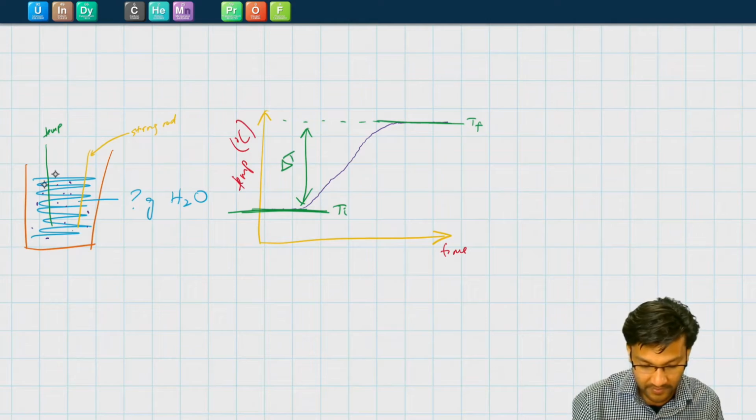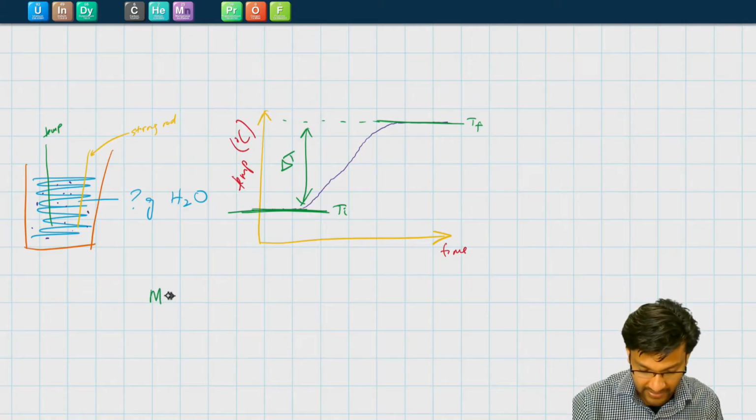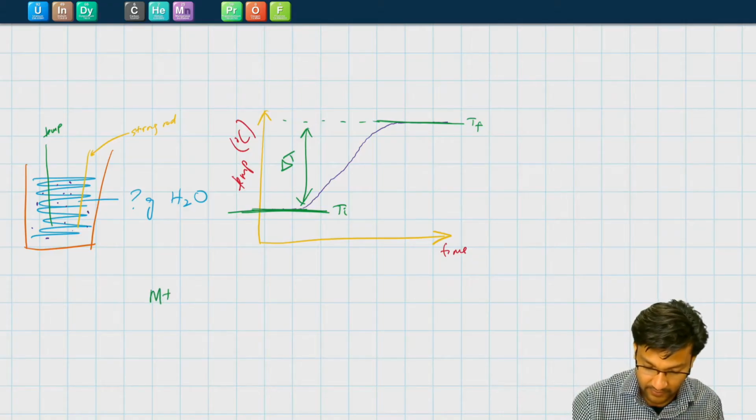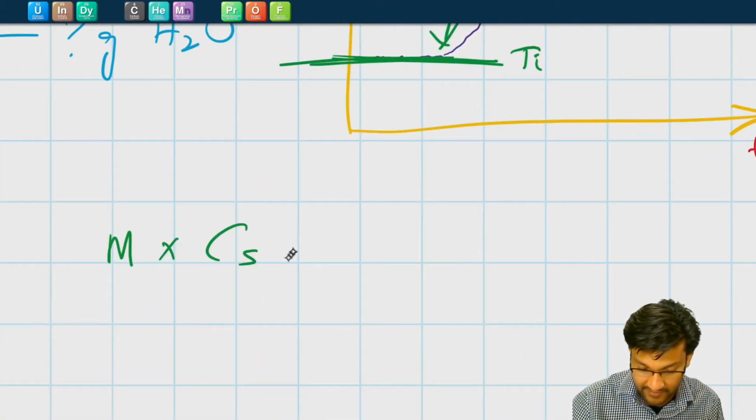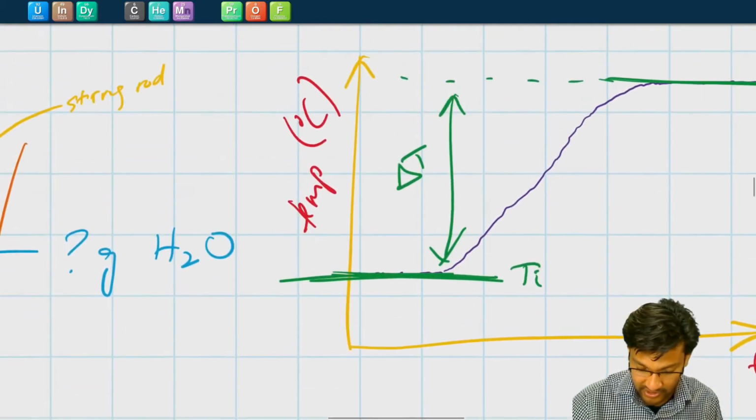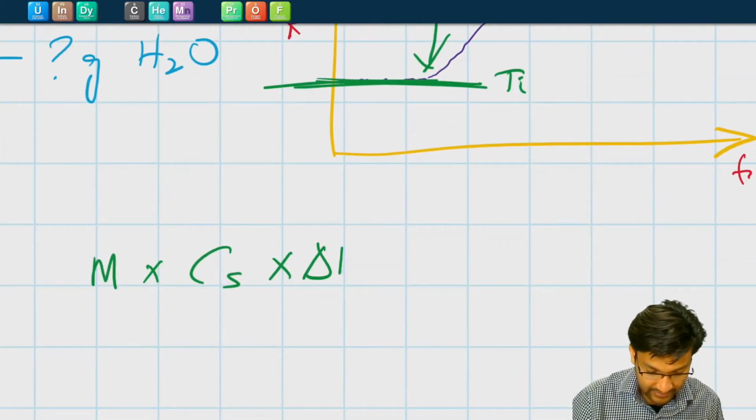So this is basically our setup for this lab. We're going to dissolve something. We're going to take the temperature increase. We know the mass of the water. We know the mass of the solute, so we know the mass of the solution. We know the specific heat capacity of water. And from this, we can calculate the temperature change. So we can calculate the heat from the solution.